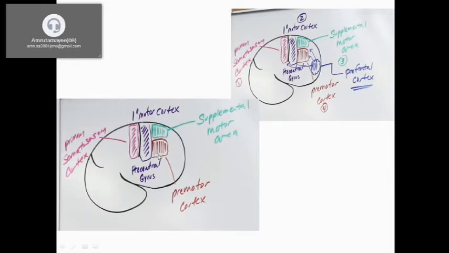Neural circuits go from the somatosensory cortex to all of these areas, and then descend down. In the prefrontal cortex there is planning of which action has to be done, and again it affects the motor area. In that way, these are the descending tracts.